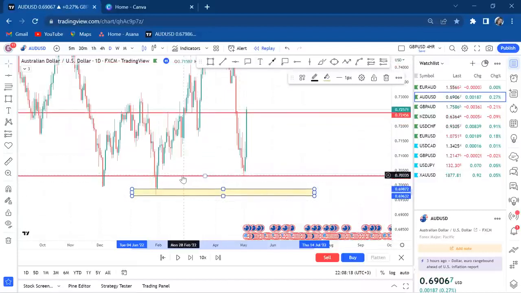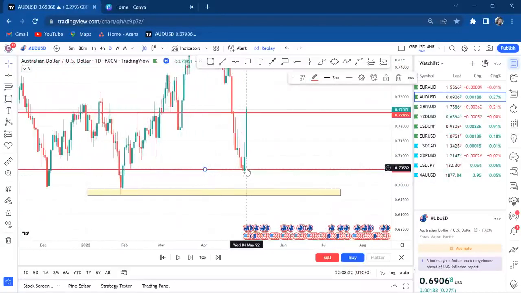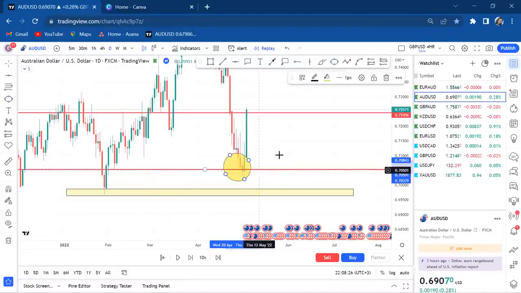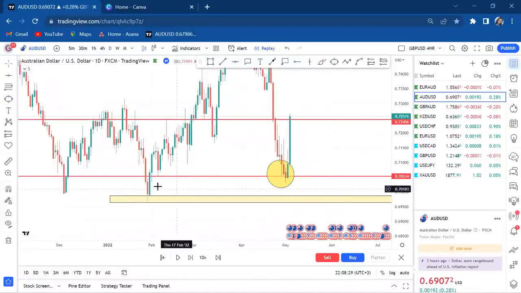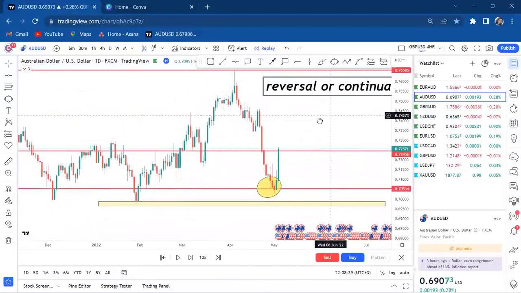If you think it's because of this low, the market already broke here. You can see there's a breakage there. So we can't really say that this is a double bottom, because we already have a violation, which invalidates that double bottom. So even on daily, we still don't have a clear way.